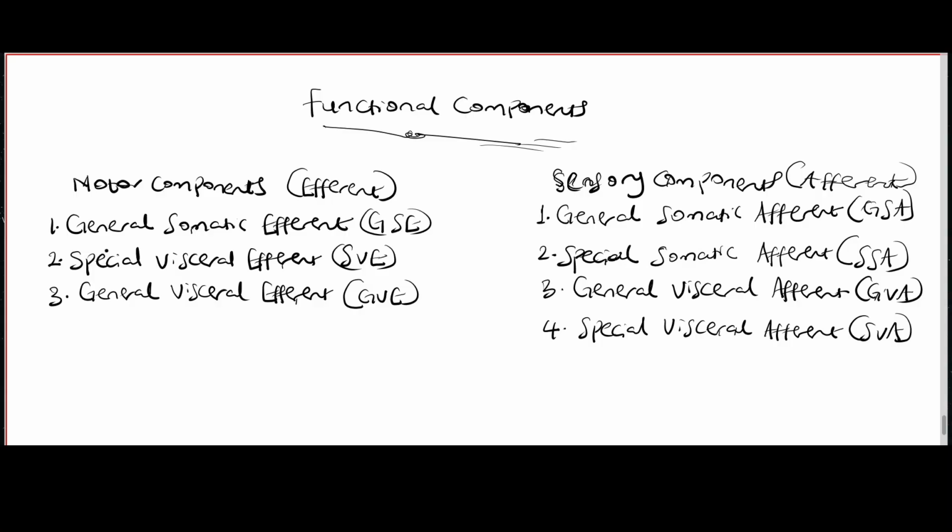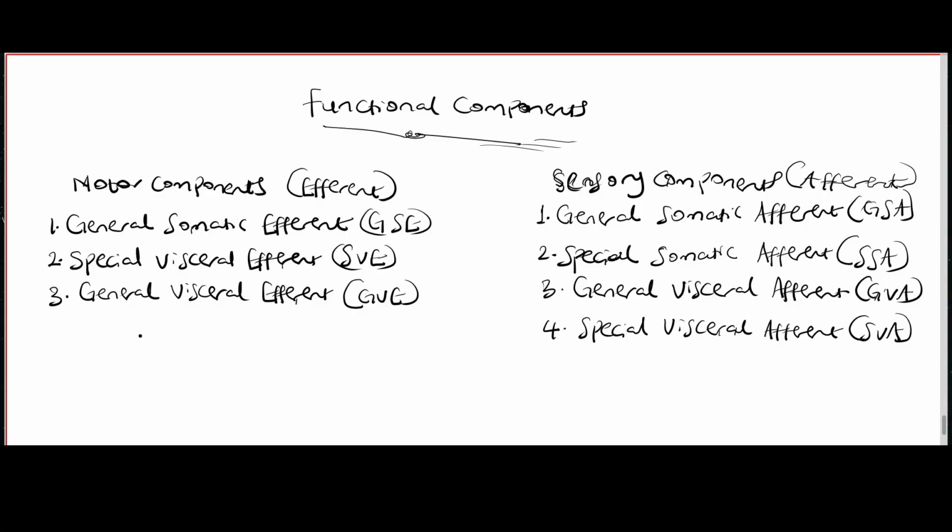Okay, so that's what this general is. We can either have general or special. These special components are basically or majorly found in the head. As a matter of fact, the spinal nerves, which we talked about in classifying the peripheral nervous system, we talked about the cranial nerves, which we are dealing with now, and we also talked about the spinal nerves.